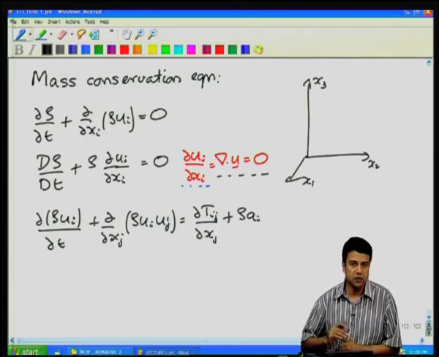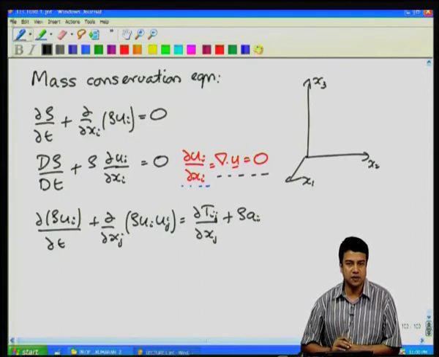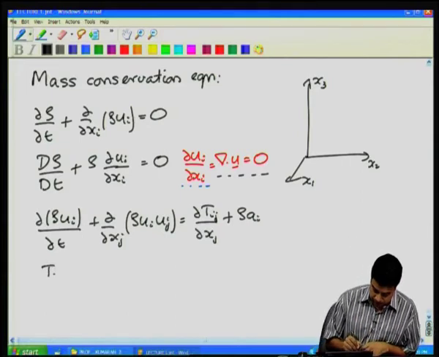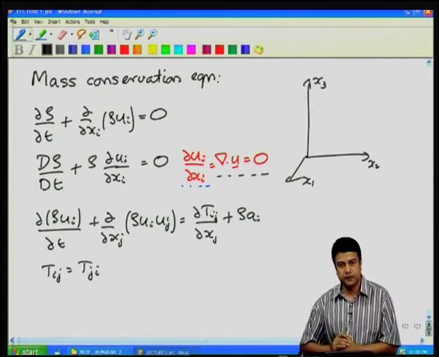So, there are 9 components of the stress tensor which are defined at each and every point within the fluid. From the angular momentum conservation equation, we know that Tij is a symmetric tensor. So, Tij is equal to Tji.